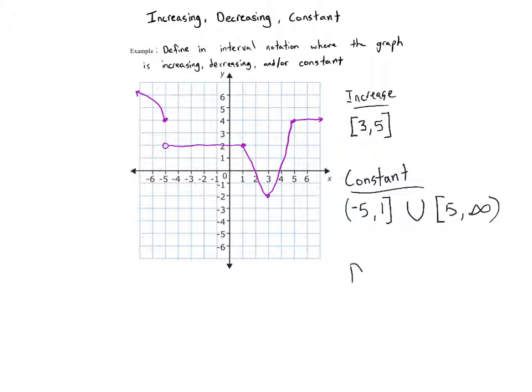One more, guys. Decreasing. Wait, so what's the whole thing in the corner? Which one? That's also decreasing. Well, don't read it right to left. Read it coming this way. Okay. Question? Yeah, we're decreasing here, union decreasing here.